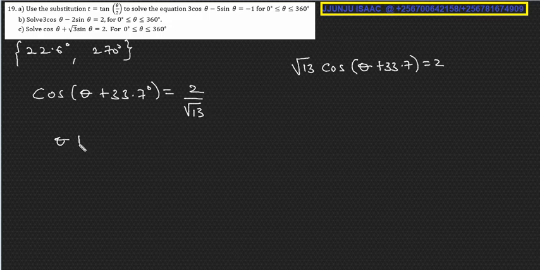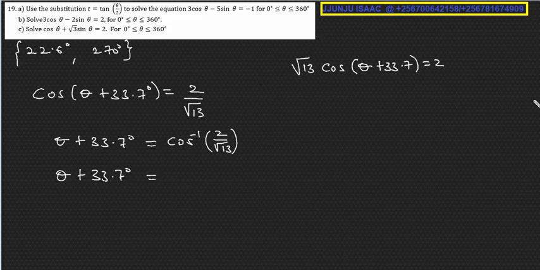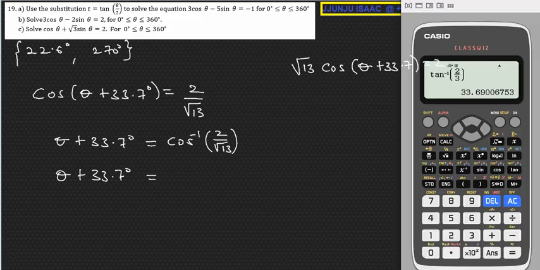So theta plus 33.7 degrees will be equal to the cos inverse of 2 by root 13. Let us press the calculator, the cos inverse of 2 divided by root 13, we get 56.3.